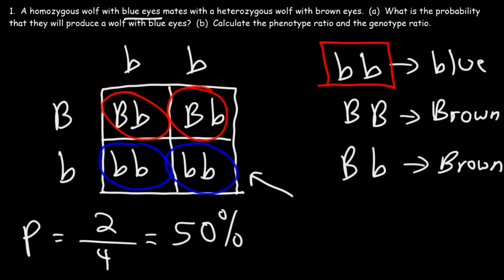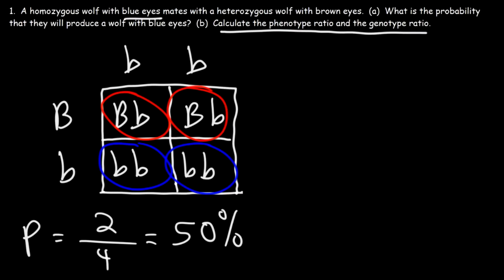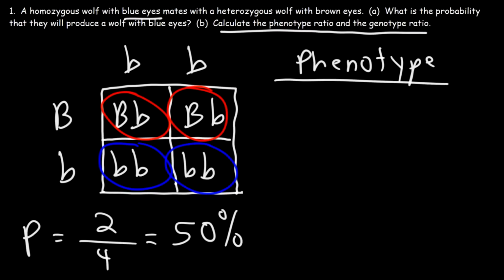Now what about part B? Calculate the phenotype ratio and the genotype ratio. So let's make some space. Let's start with the phenotype ratio. So we're dealing with the colors of the eyes, the physical characteristics. And there's only 2 colors to deal with. Either the baby wolves have blue eyes or they have brown eyes.